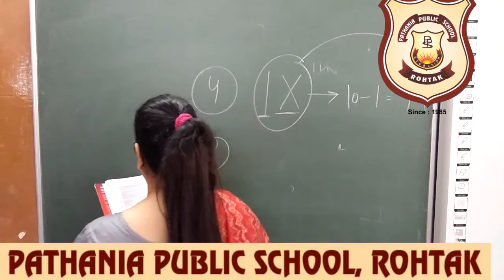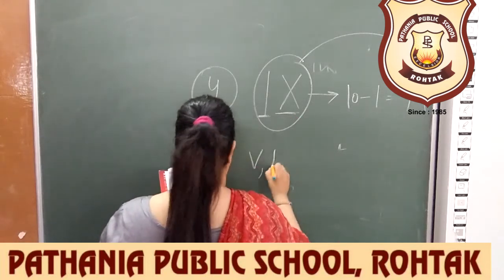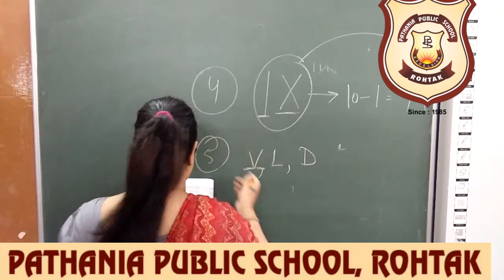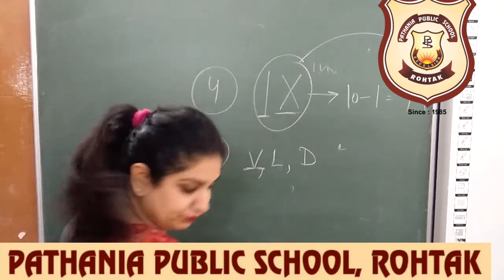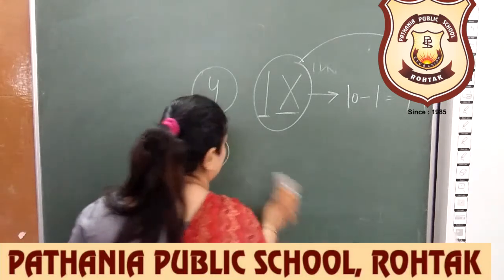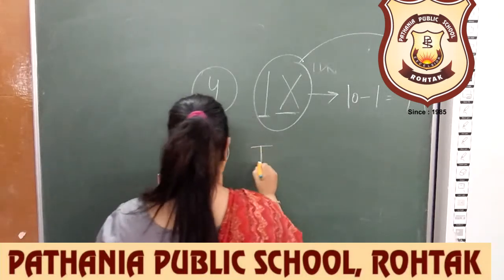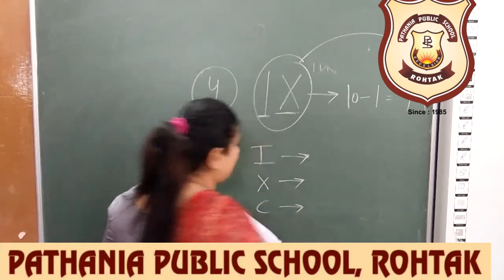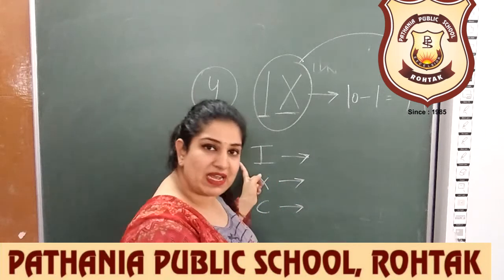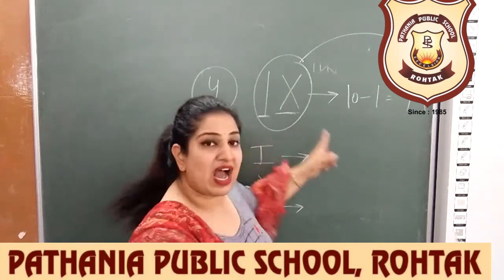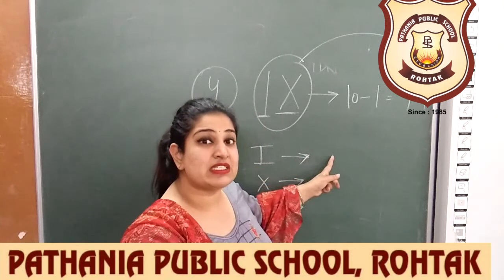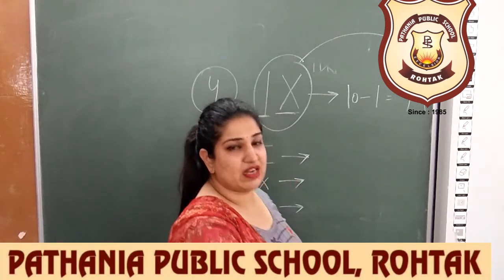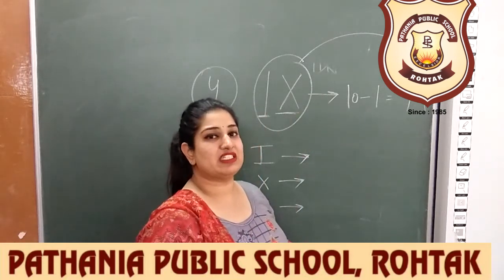Now rule number 5. I, X, C. If I is on the left, it means subtract. If I is on the right of the greater, this means add, because if the smaller symbol is on the right, add; if the smaller symbol is on the left, subtract.